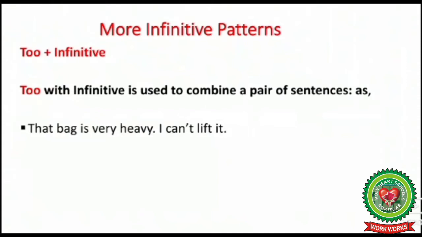First, that it is heavy. Second, that I cannot lift it. The word very will be replaced by too, and the subject I plus the helping verb can plus the negative word not will be replaced by to to form an infinitive.